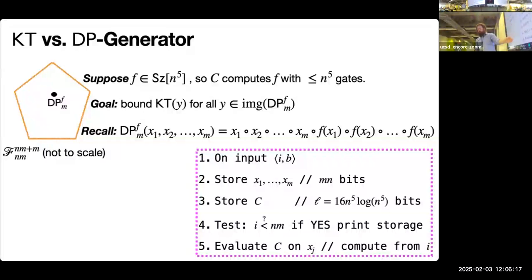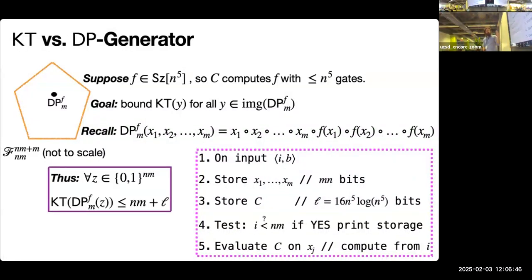So how expensive is this description of this string? Because remember, K big T complexity is about a single string. But what we're doing is getting a universal upper bound for every string in this collection, the image of the DP generator applied to that entire circuit concept class.